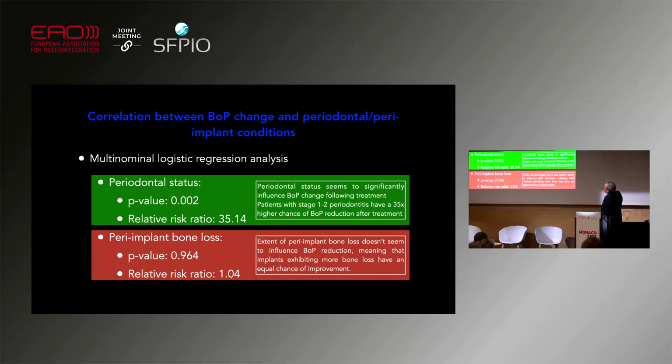When we are dealing with healthy individuals or patients with stage 1 or 2 periodontitis, then we have 35 times less risk that this recurrent bleeding on probing will come back.